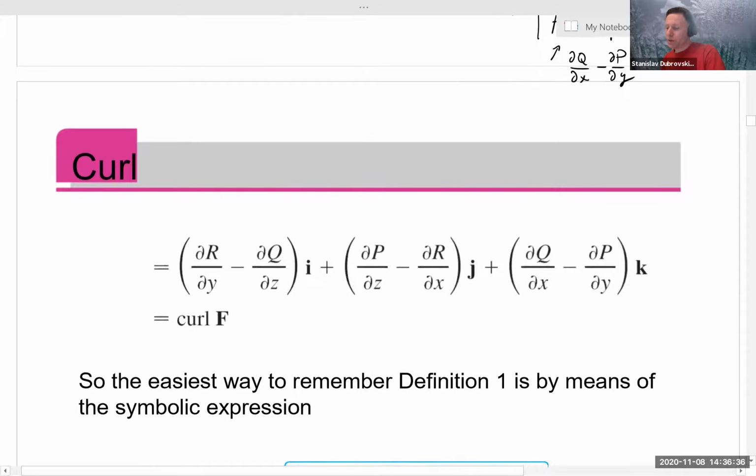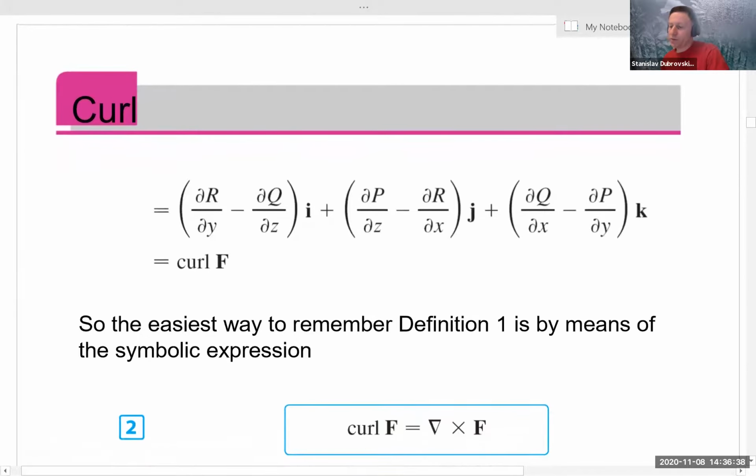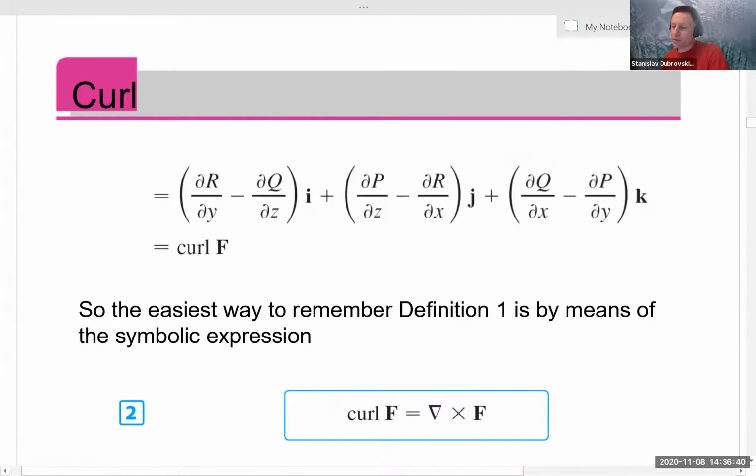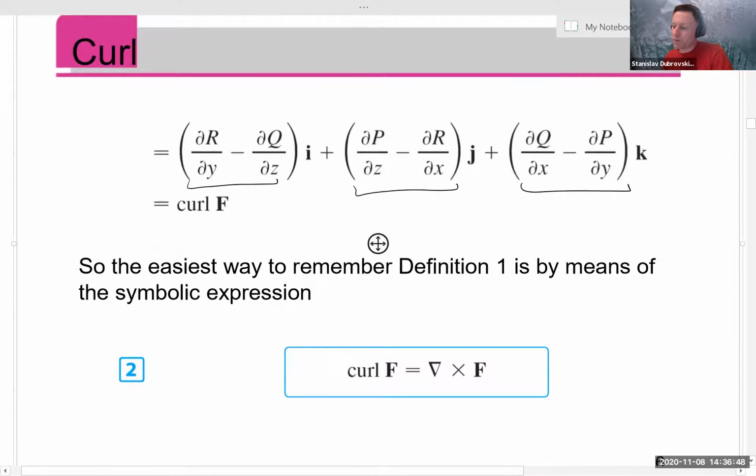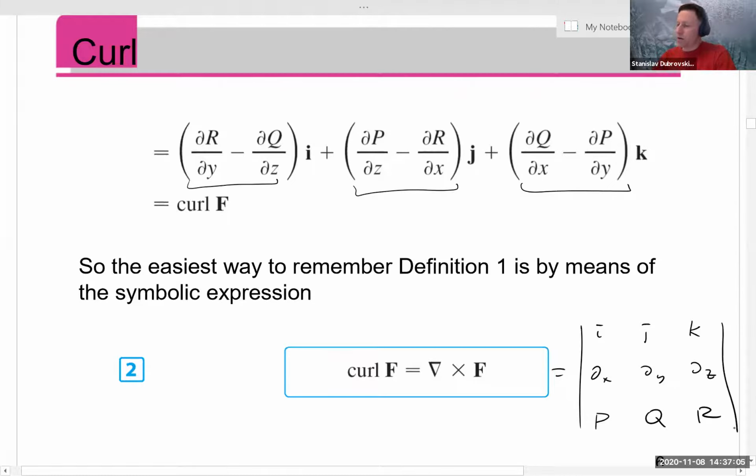So these are the two ways to think about the curl, as this vector in components or as the determinant of this matrix i j k, partial x, partial y, partial z, components of f, P, Q, and R. Good.